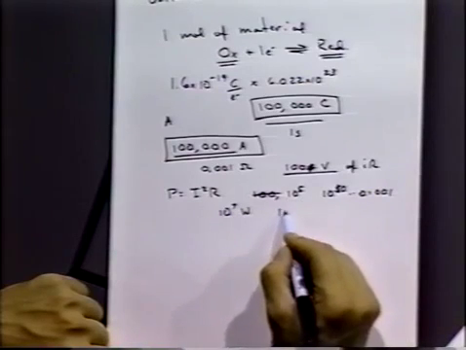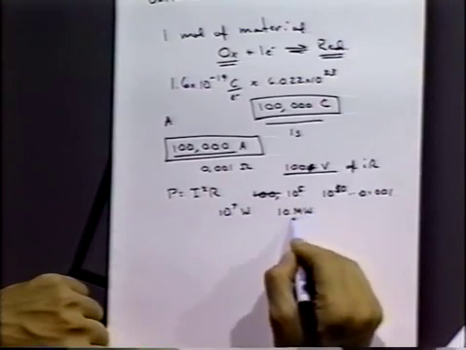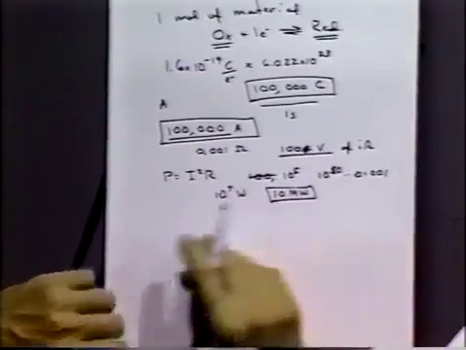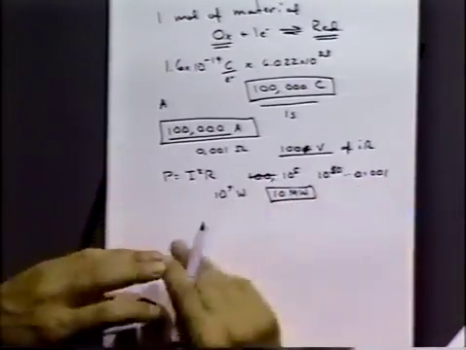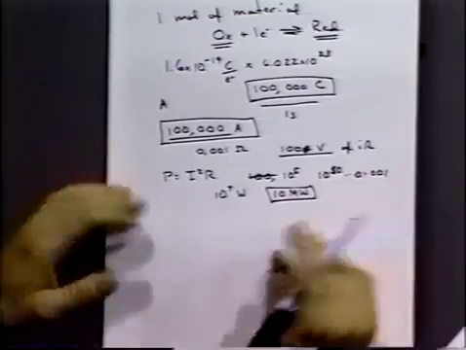In other words, we're going to need 10 megawatts of power to drive that reaction. So that's obviously a situation in which we're not going to be doing this sort of reaction.